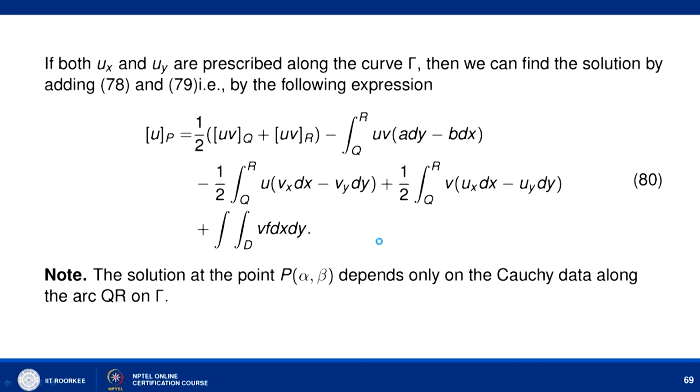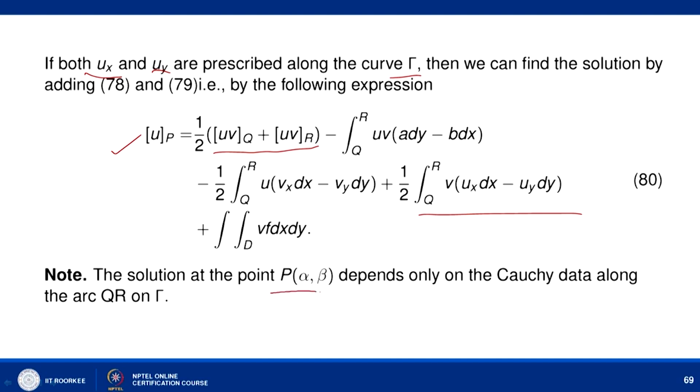If both u_x and u_y are prescribed along the curve gamma, then we can find the solution by adding the previous two formulas, and we have the following expression: u at P equal to 1/2 (uv at Q plus uv at R) minus the integral from Q to R of uv_a dy minus v_b dx, minus half the integral from Q to R of u(v_x dx minus v_y dy), plus 1/2 the integral from Q to R of v(u_x dx minus u_y dy), plus the double integral of vf dx dy.